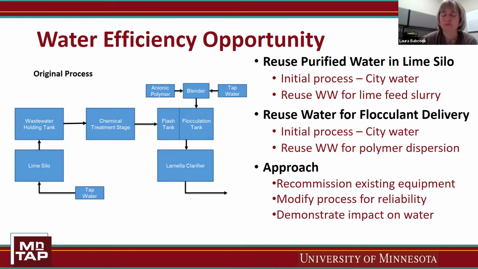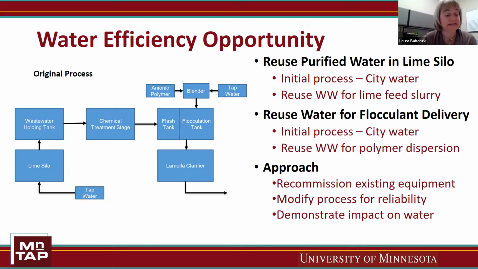However, they were making really pure water at the end of that process. So their idea was to reuse the wastewater that they were currently discharging to the wastewater treatment facility, and reuse some of that water for their lime feed instead of using city water.